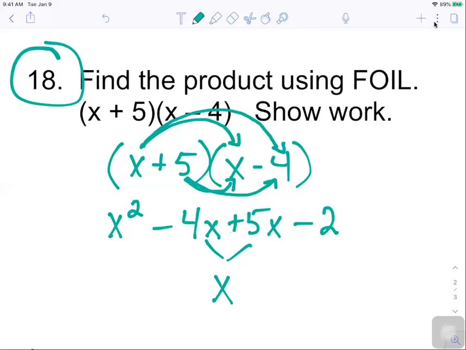So 5x minus 4x gives you just an x. We could bring down our x squared plus 1x minus 20, and then that's our final expression here.